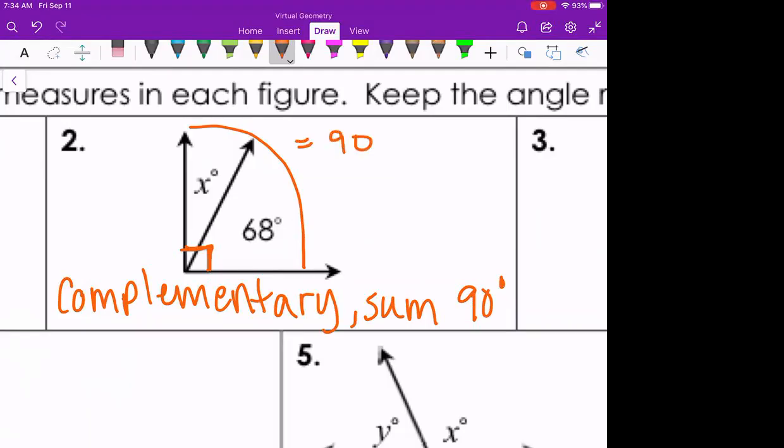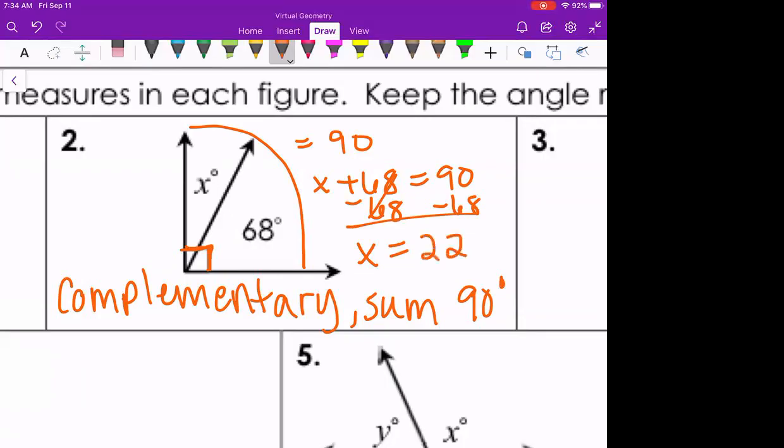So out of 90, 68 of that is already gone. So we'll set up our little equation. Our x plus 68 is supposed to make 90, minus your 68 out of that. Sorry, 68, not 66. Because we've used up 68 degrees. And my missing angle is 22 degrees.